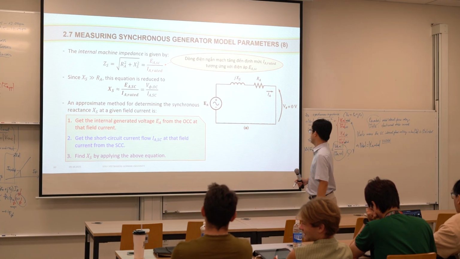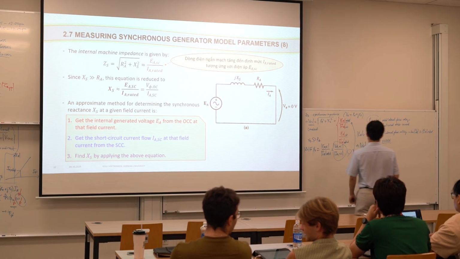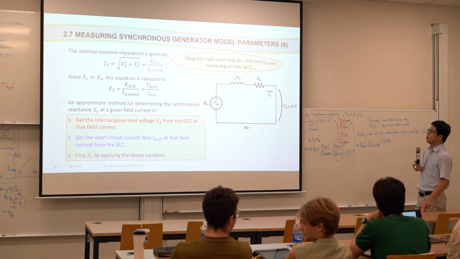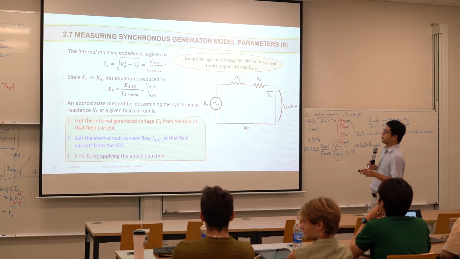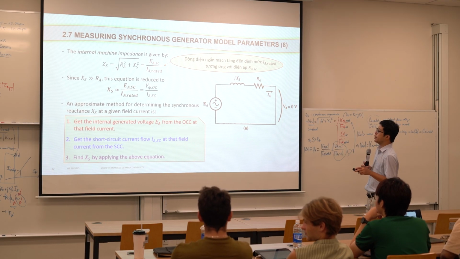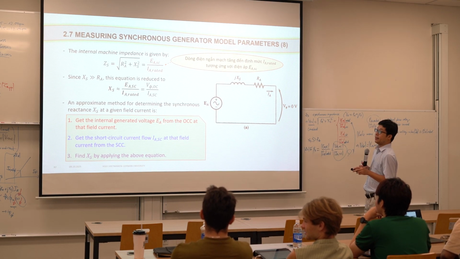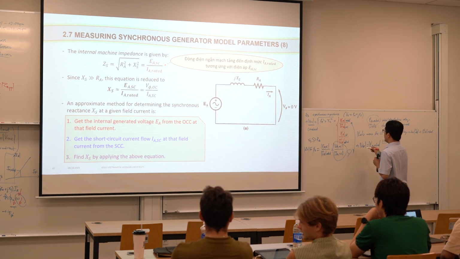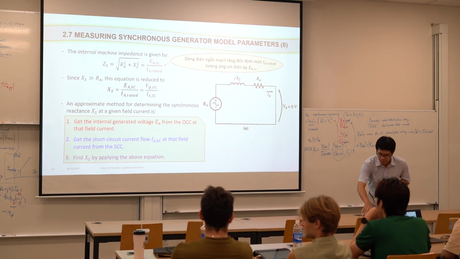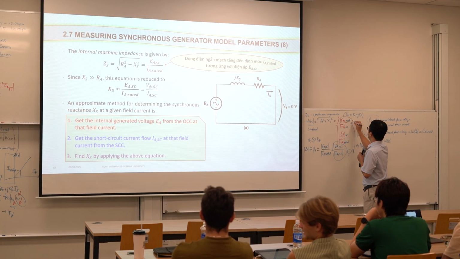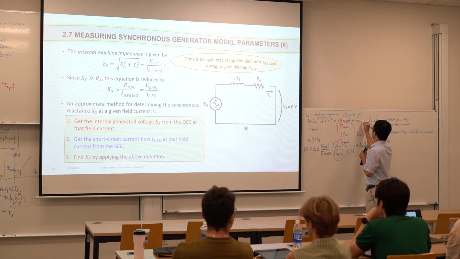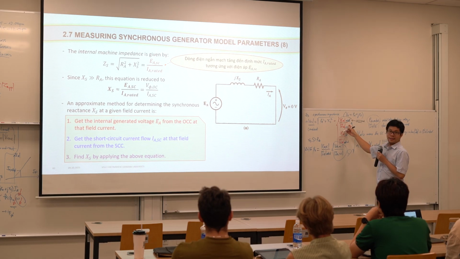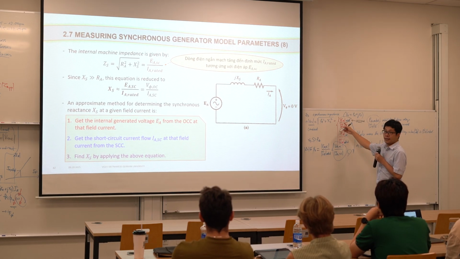If we would like to calculate XS, we need to measure EA. How can we measure EA? We do the open circuit test. Yes, we do the open circuit test, and you can get EA.